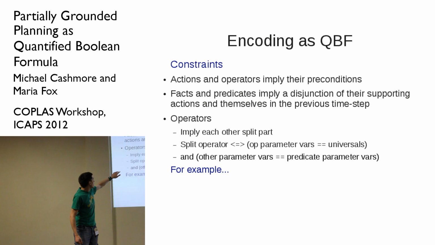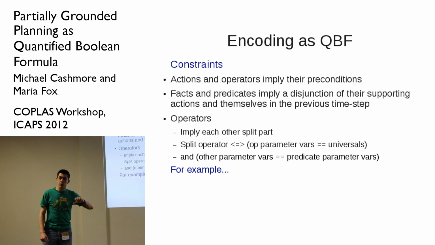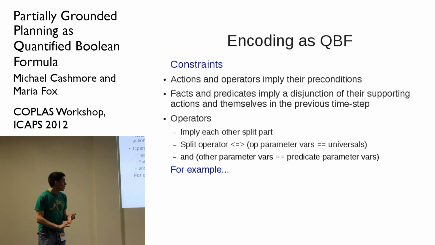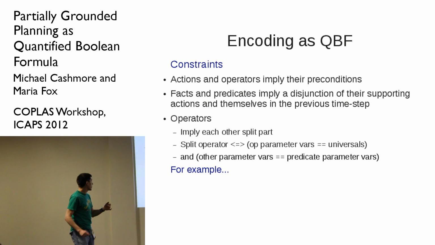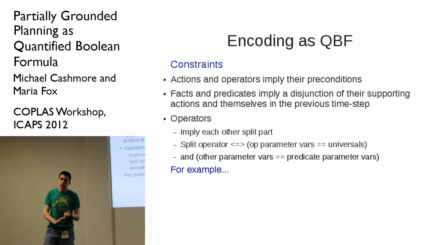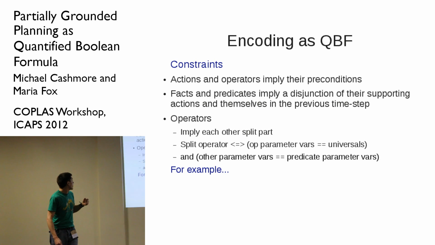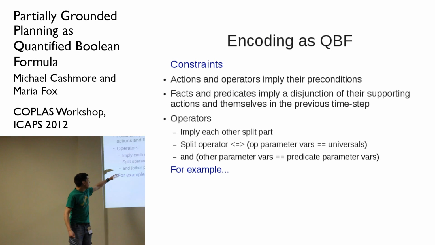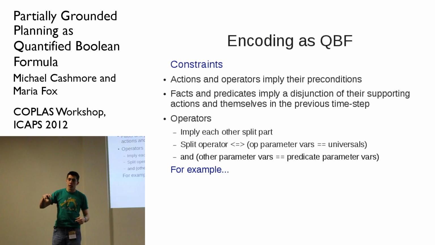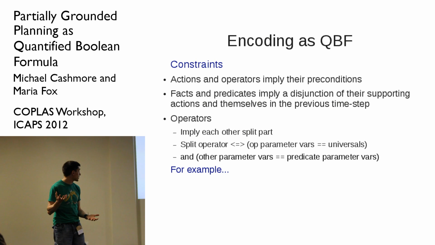We want to make sure that the parameter variables match the universals for a couple of reasons. The first is to help with the first constraint, and the second is so that the effects of the action can be applied in the next state. And finally, we want to make sure that the parameter variables for the operator match the predicate values so that the preconditions are satisfied.